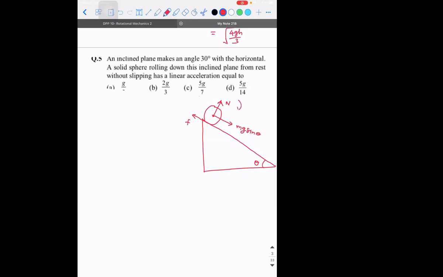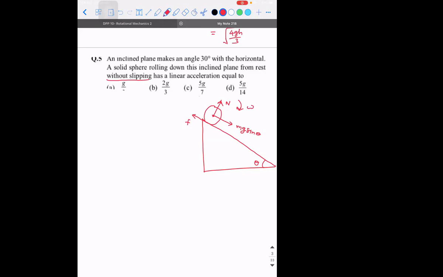Right? Angular velocity is omega. Remember, one common mistake is that since many people see the word without slipping, they think that friction is not there. Friction is a necessary force, because if the object has to rotate, that is the only force that is going to provide torque.